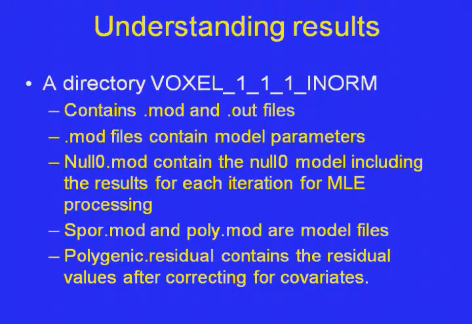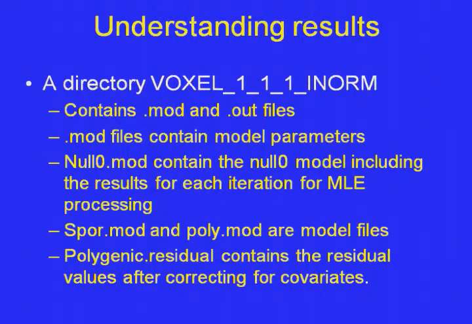In addition to that output, a directory named after the trait will be created, and it contains several files, some of which can be useful. It contains .mod and .out files, and the .mod files contain model parameters.